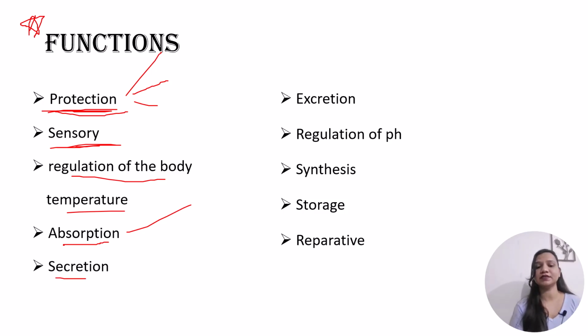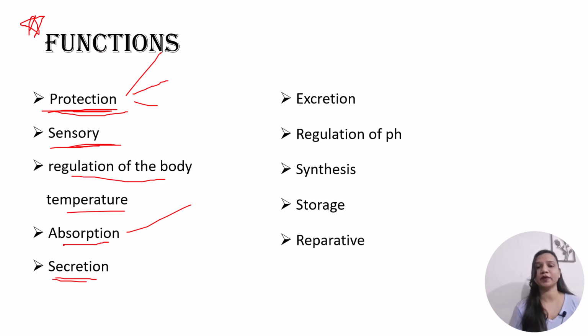The next one is secretion. The skin has sweat glands and sebaceous glands, which secrete sweat and sebum respectively. So that's how the skin performs secretion function.